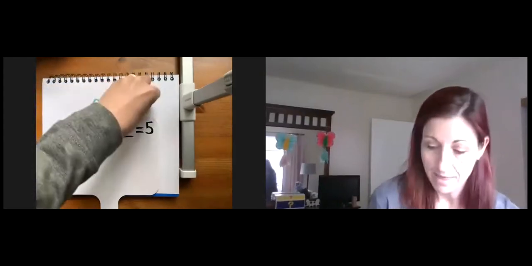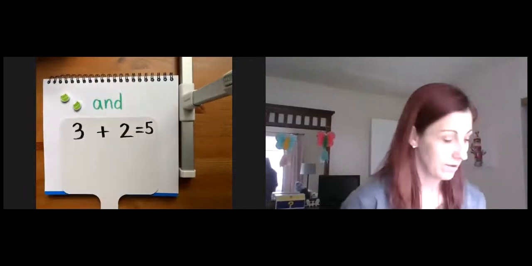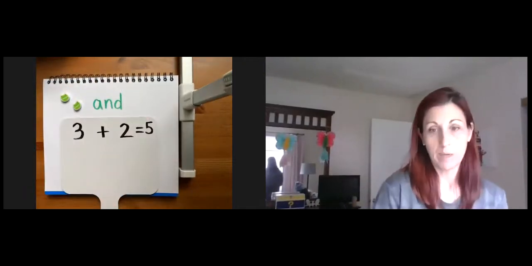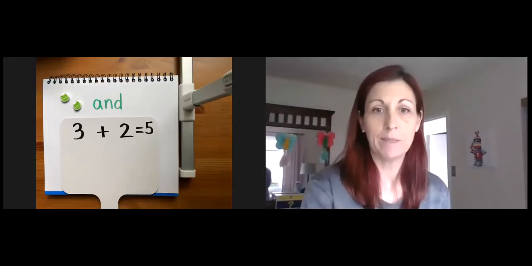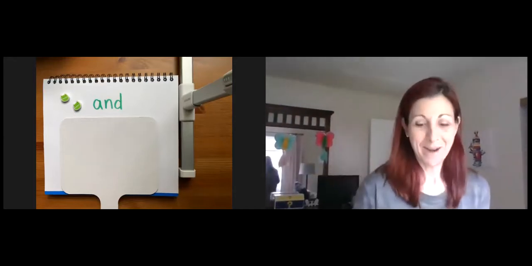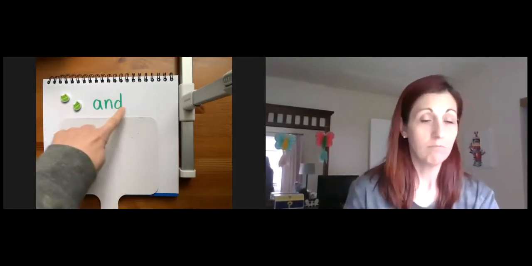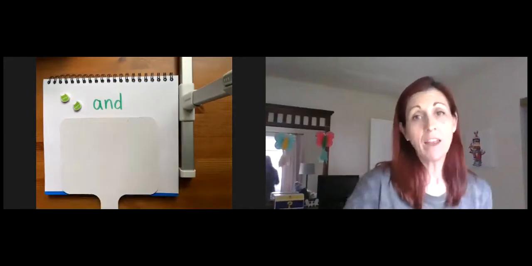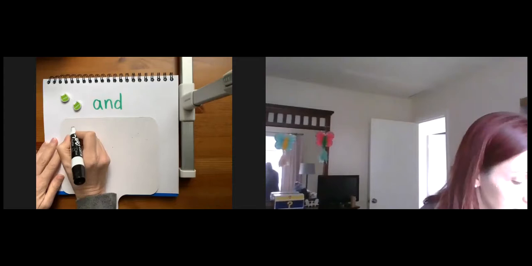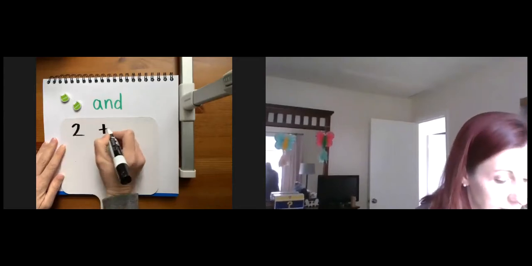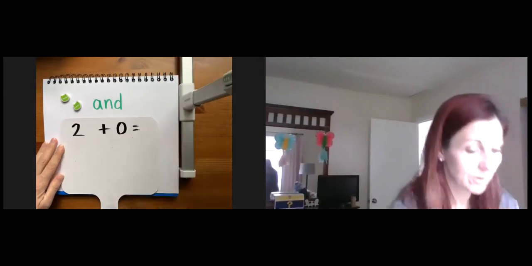Let's say that this time I will have those pictures. I need an eraser. Hold on one second. All right, there we are. So I have 2 frogs and no frogs. That number sentence, or that equation, will look like this. 2 plus 0 equals.